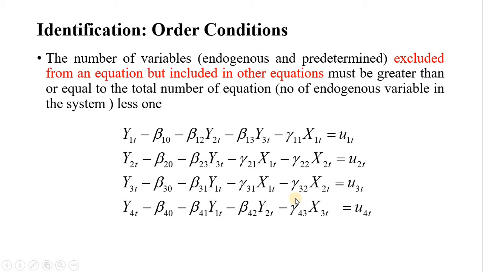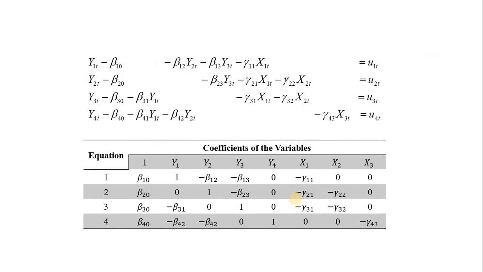But in some equations some variables are missing. If you look at this, you will realize where these missing variables are. All of these are parameters: y1, y2, y3, y4, x1, x2, x3.